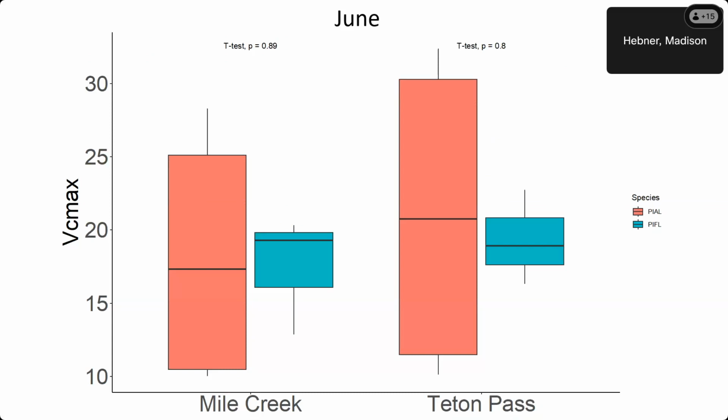However, based on previous research and concurrent with our hypotheses, I am predicting that once I analyze the data for July, August, and September, whitebark pine will have a higher Vcmax than limber pine, and we will start seeing those species differences with drier and warmer temperatures. So this is very preliminary.